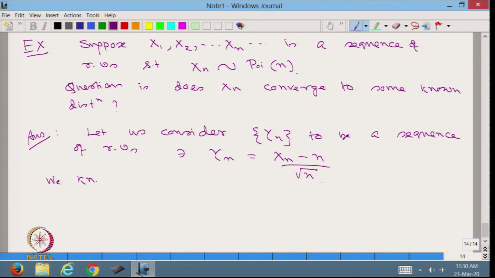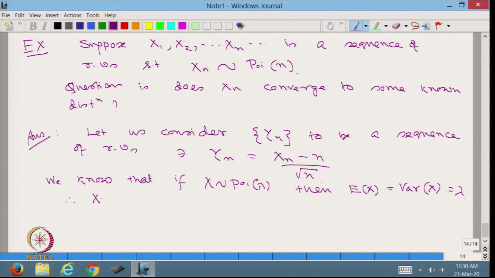We know that if X is distributed as Poisson with lambda, then the expectation of X is equal to the variance of X is equal to lambda.